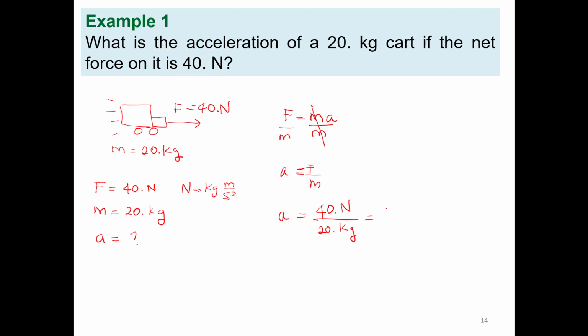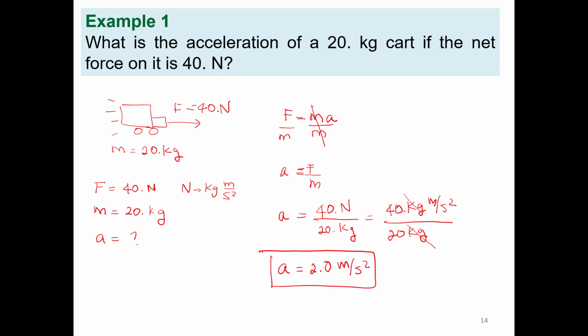Now here it is important we write the definition of the newton. Then we can see these kilograms cancel out, and the units of the answer are meters per second squared, which are the units we expected because it's acceleration. And here it will be 2.0 meters per second squared.